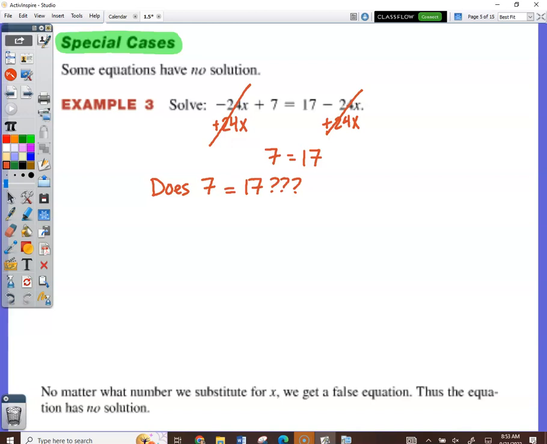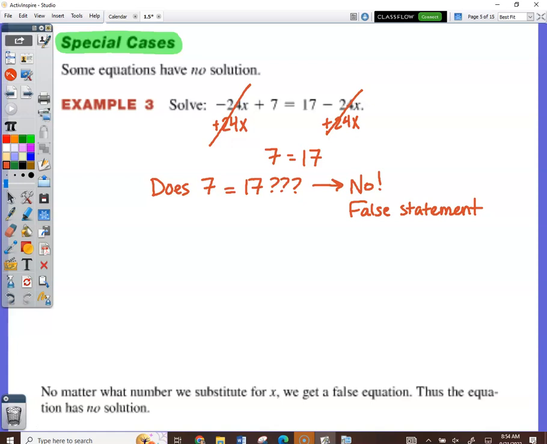Does 7 equal 17? No. False statement. Which means, what? There's no solution. Because it was a false statement, there is absolutely not a single number that you could plug into that equation and make a true statement.